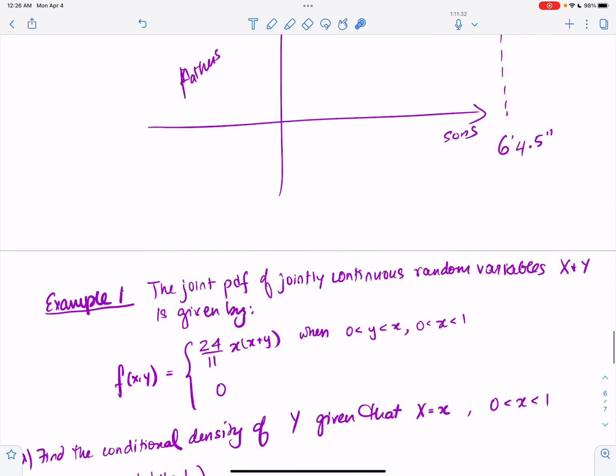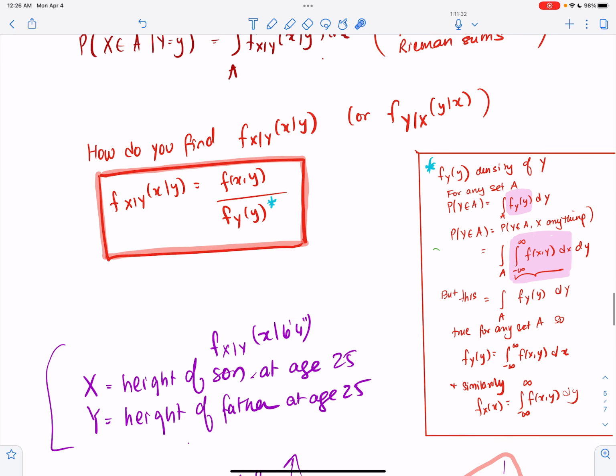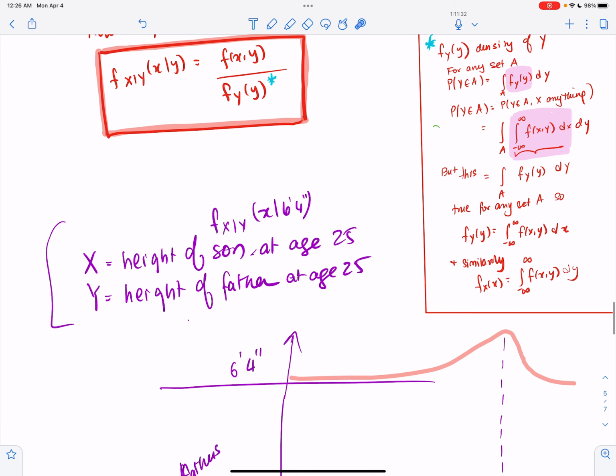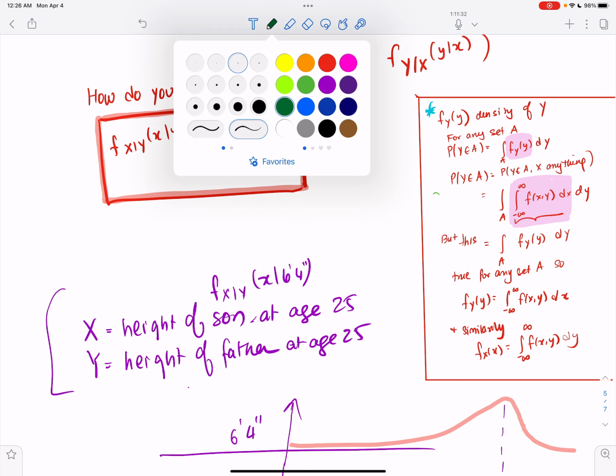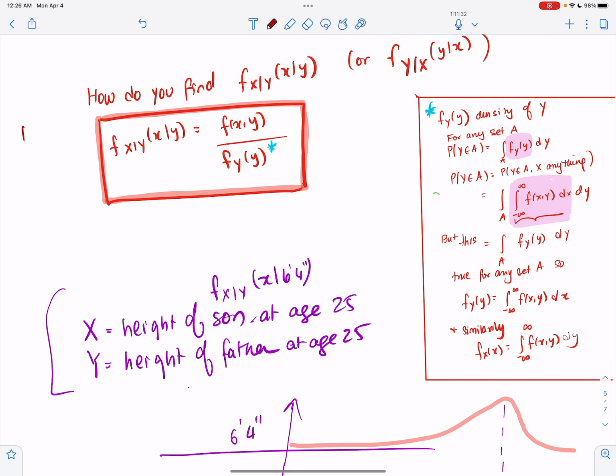All right. So the main things to know are this conditional probability density formula, the definition of conditional density of x given y equals y.